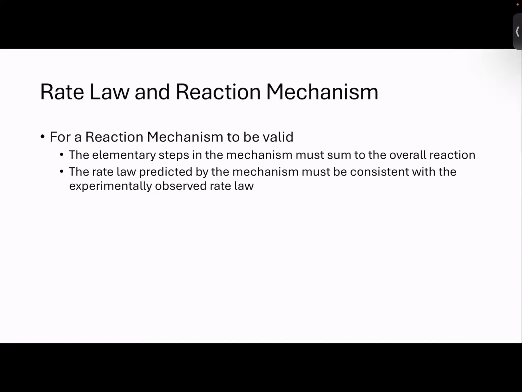In order for it to be a valid option, it must meet two criteria. The first criteria is that the reaction mechanism's elementary steps must add up to the overall reaction. If the elementary steps do not add up to the overall reaction, then we know it's not a valid mechanism.